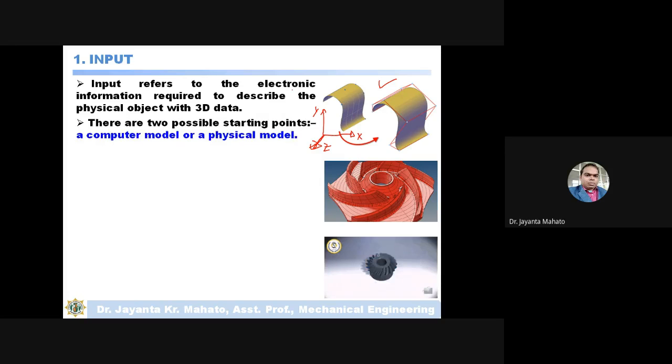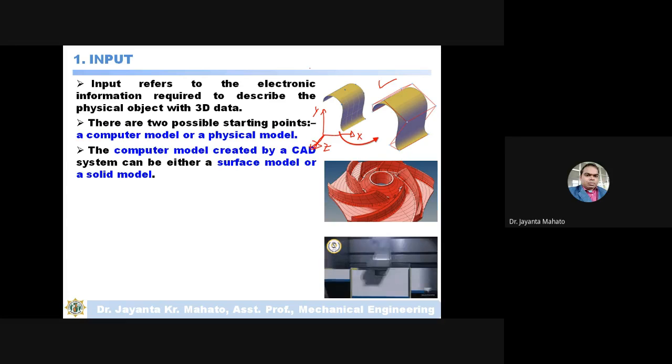Okay. So there are two possible starting points: a computer model or a physical model. Either way, these physical models' three-dimensional data can be described by a computer model or a physical model. The computer model created by a CAD system can be either a surface model or a solid model.